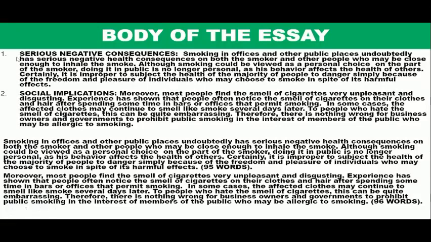Here we have just shown how you can discuss each point. You use point 1, serious negative health consequences. You discuss that and use it to develop the first paragraph in the body of the essay. And then point number 2, which is the social implications.